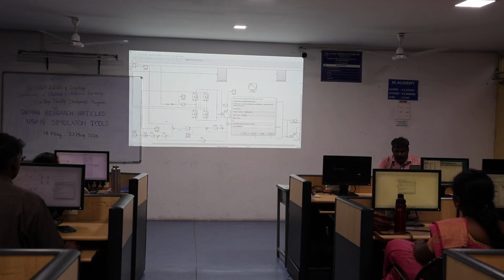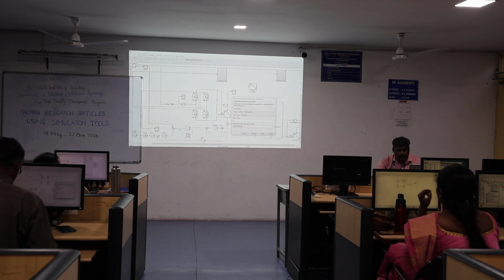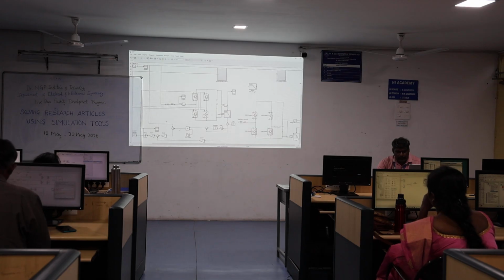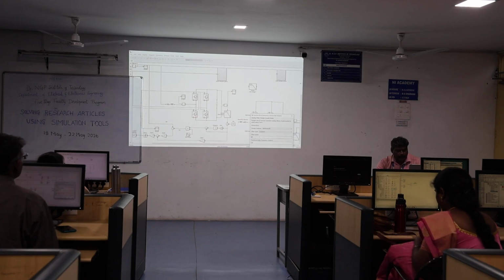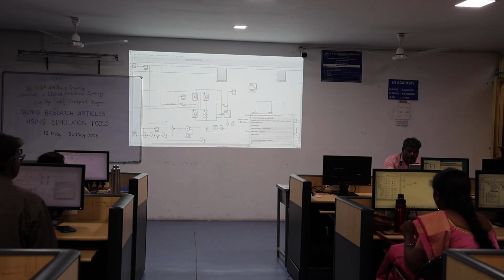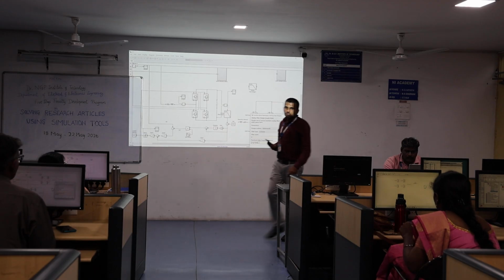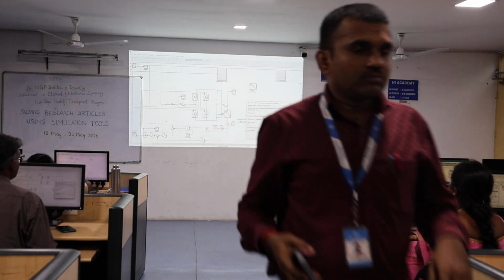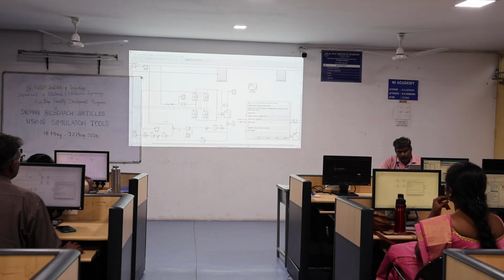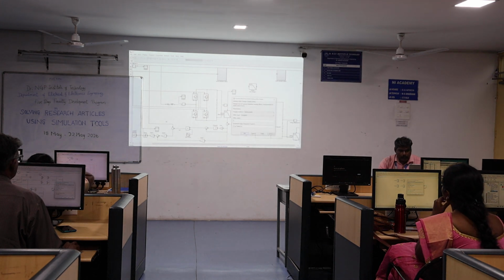Here we have taken the fundamental frequency as 50 Hz, change it to 50. The order of the filter is fourth order. You can take a low pass filter, fourth order system. You can convert it as 2 times pi times 5 kilohertz.